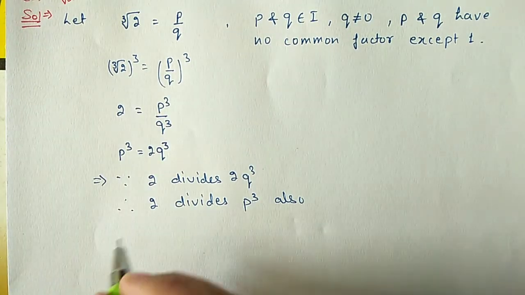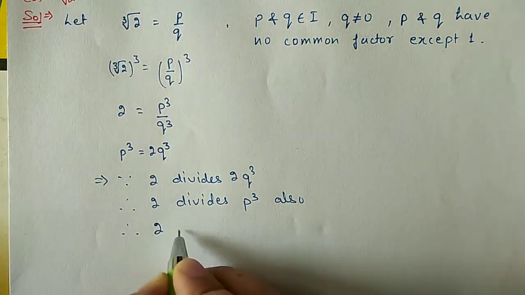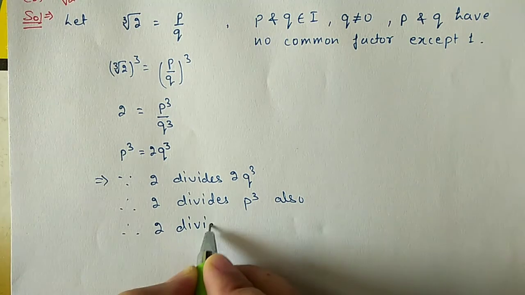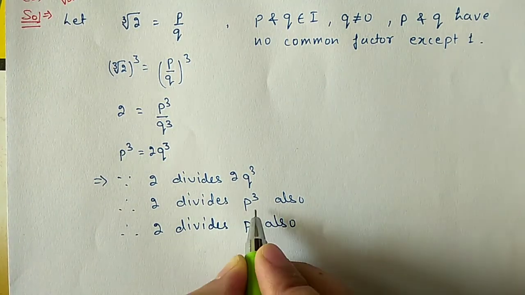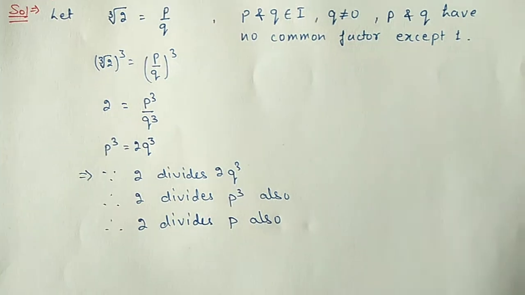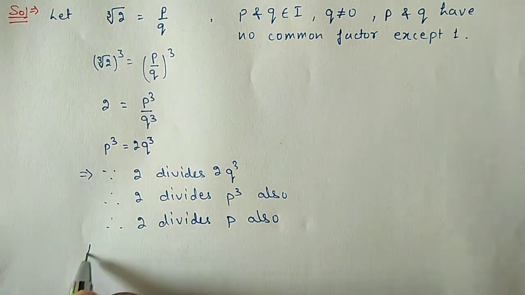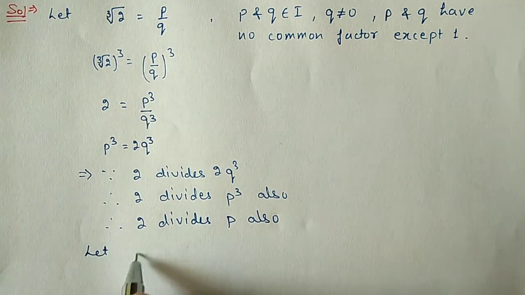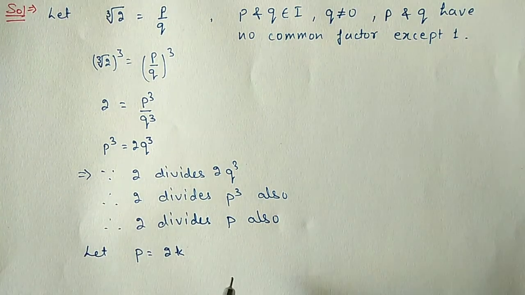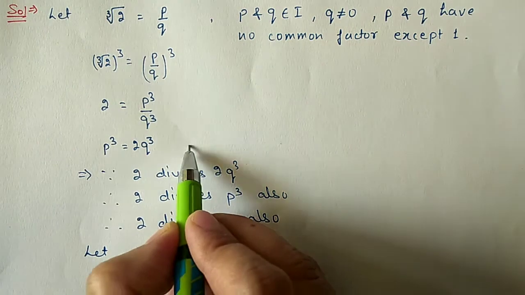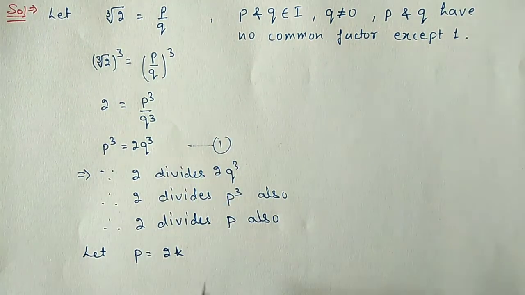So we can write 2 divides p also. If it is dividing p cube, it means it will divide p also. So now we can take, let p is equal to 2k, any alphabet we can take here, and we will substitute this in the first expression.